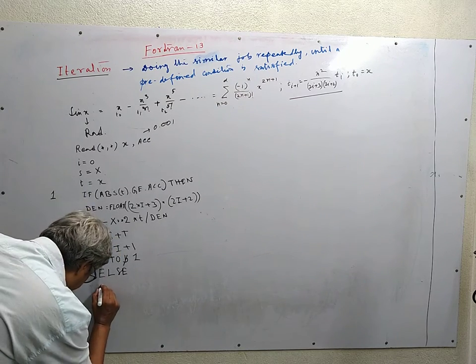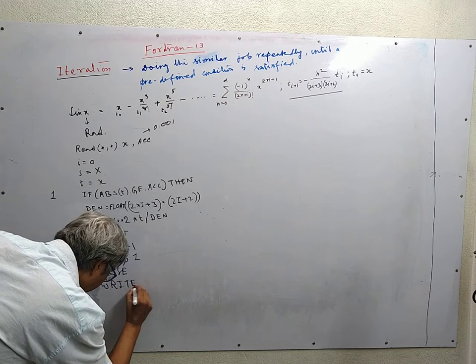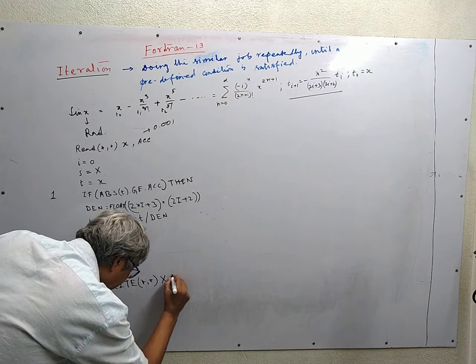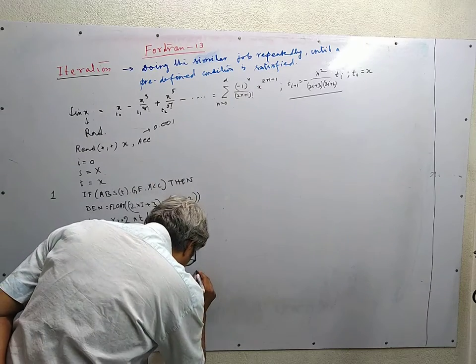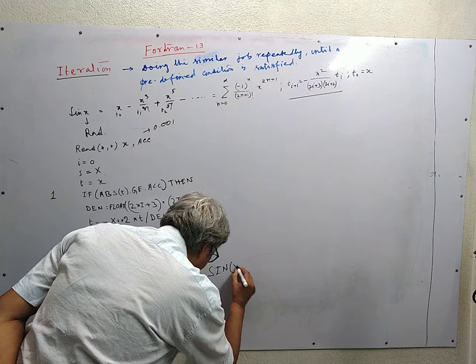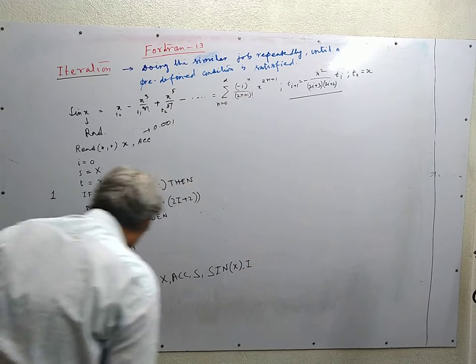Here you write x, accuracy, the calculated sum that you have calculated, and sine of x. If you want, you can write i, the number of terms required.